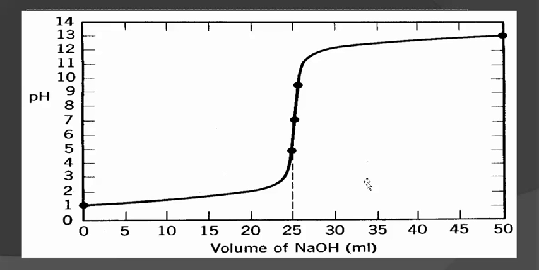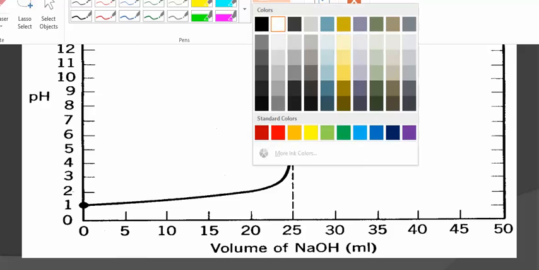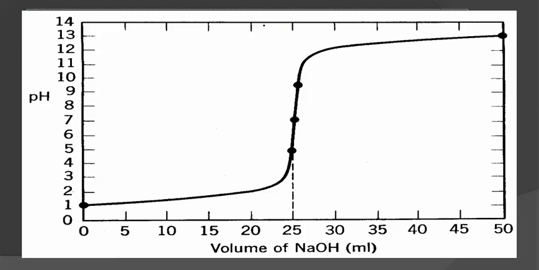Here's a titration curve for this reaction, titrating HCl with NaOH. A titration curve plots pH versus the volume of base added. What I want you to notice for this titration curve is the pH again changes drastically right around the equivalence point, which is 25 mL right here.